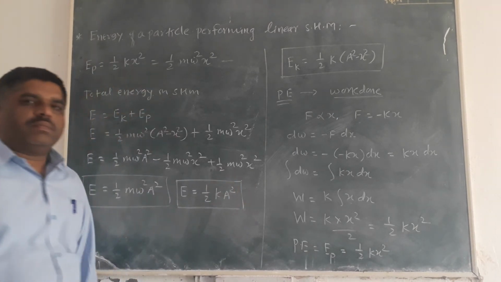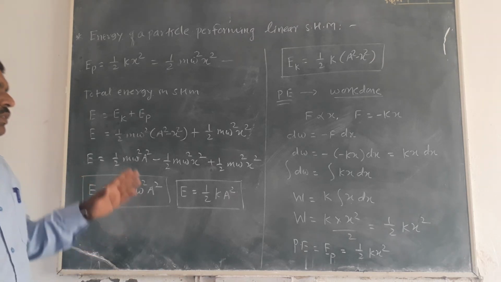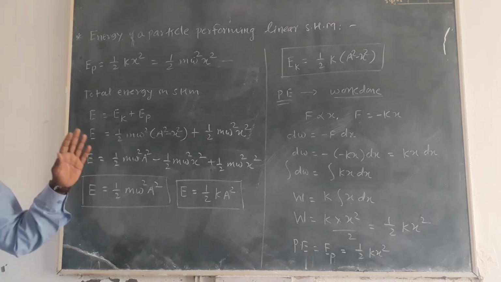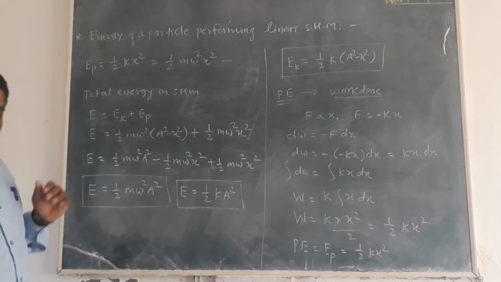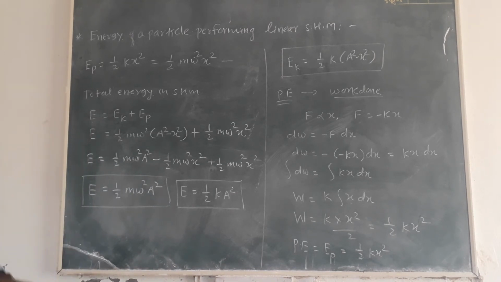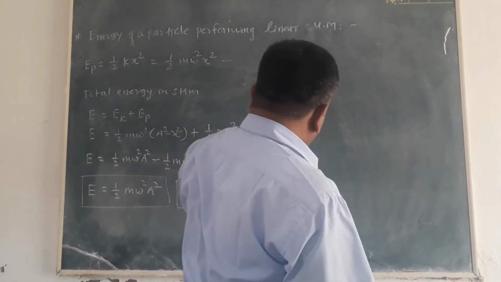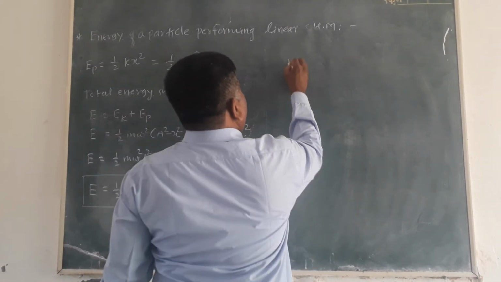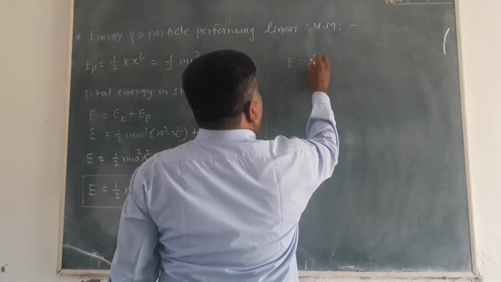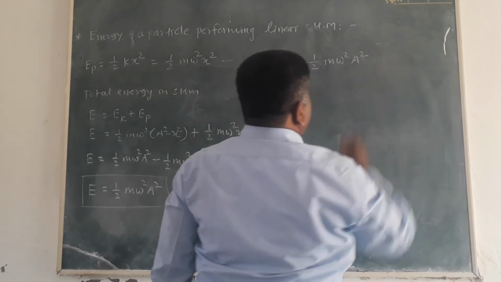This is the total energy in simple harmonic motion. In simple harmonic motion, we calculate kinetic energy, potential energy, and total energy. Now, this total energy, that is E, is equal to half m omega square a square.